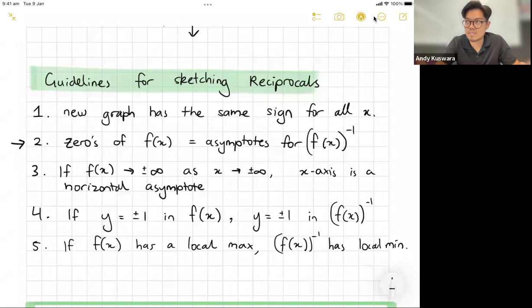In other words, y equals 0 gives your horizontal asymptote. Also, if y equals positive or negative 1 in your original function, then it's the same in your reciprocal function, because 1 and -1 are their own reciprocals. Part 5 is just a helpful one: if your f(x) has a local max, your reciprocal will have a local min at the same or a similar value.